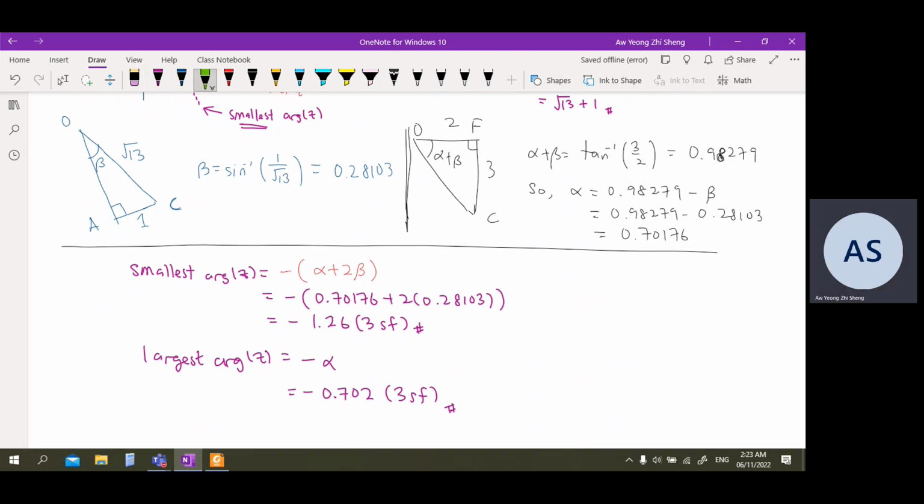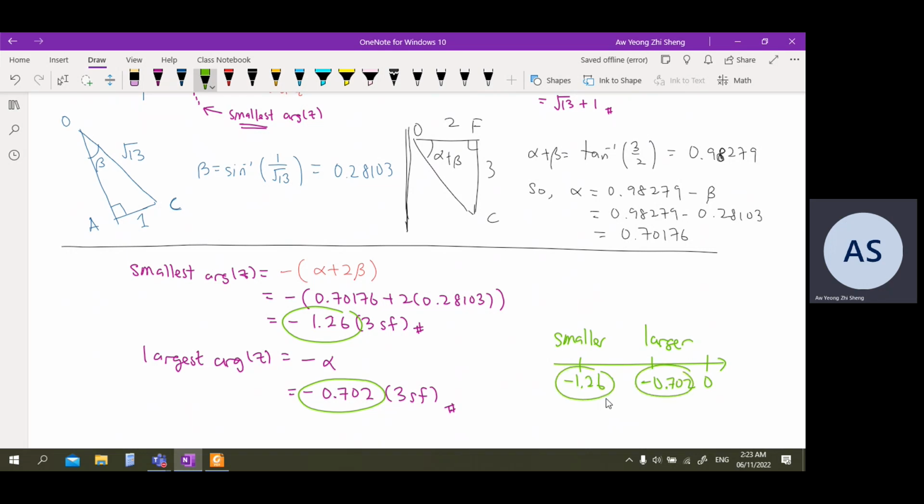Just some additional comments here. If you compare these two values on a number line, if 0 is here, negative 0.702 is here, and negative 1.26 is further to the left. The number that is further on the left on the number line is regarded as smaller. Negative 0.702 is comparatively larger.